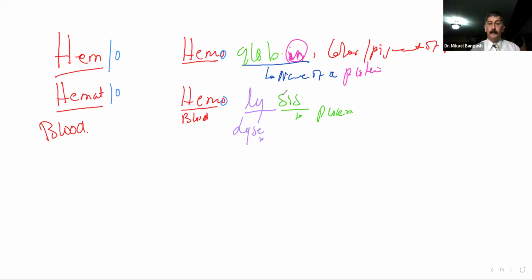Clear? But there's going to be a process that we'll call hemolysis. Now you just have to know what the word lyse would mean. The word lyse actually means breakdown.